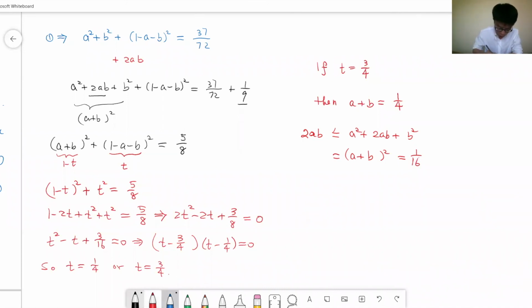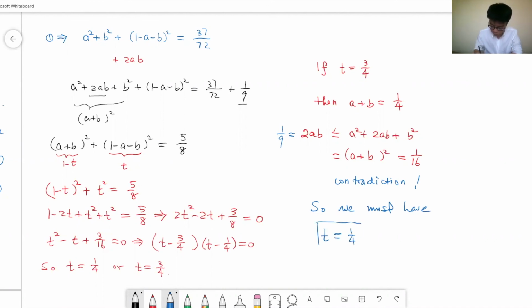But on the other hand, we know that 2ab is 1 over 9. This is a contradiction. 1 over 9 cannot be less than or equal to 1 over 16. So we must have t equals 1 over 4. So 1 over 4 is the answer.